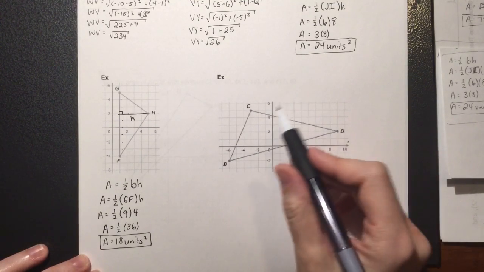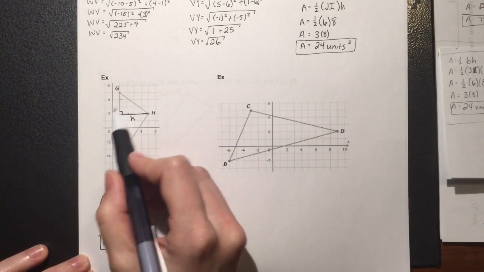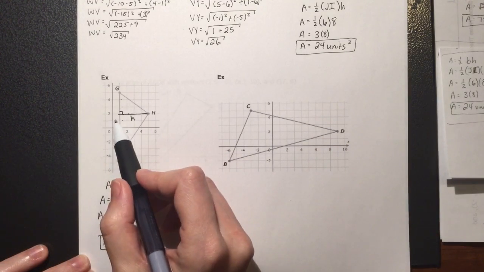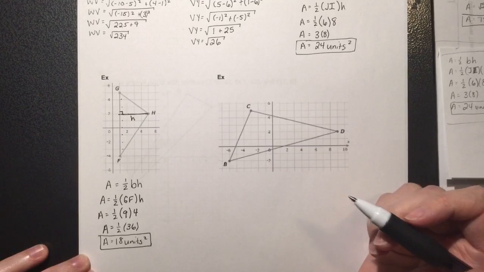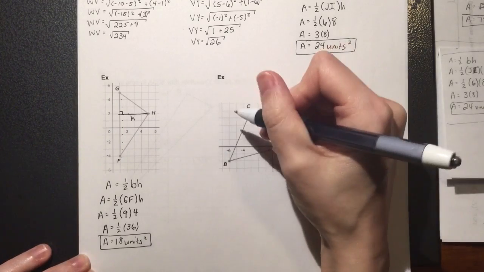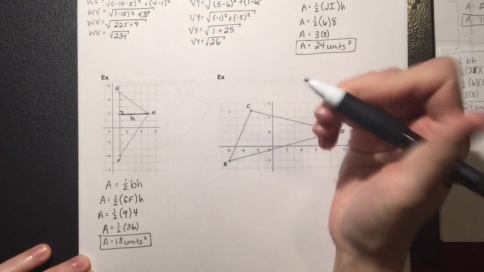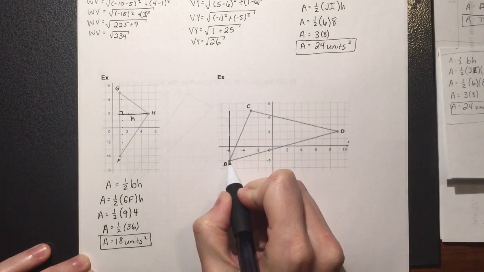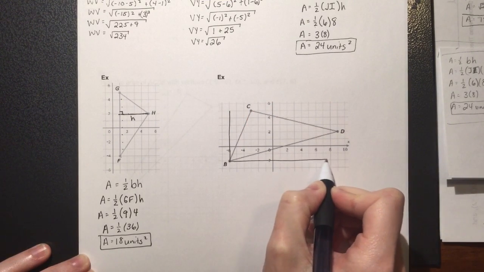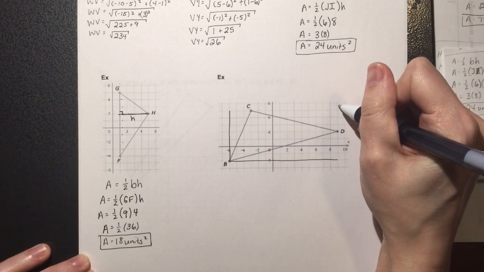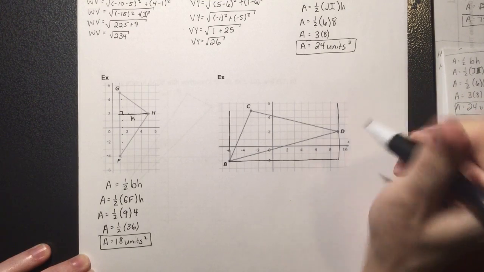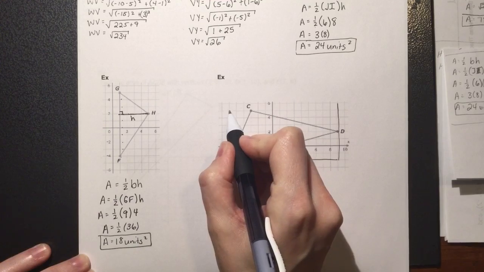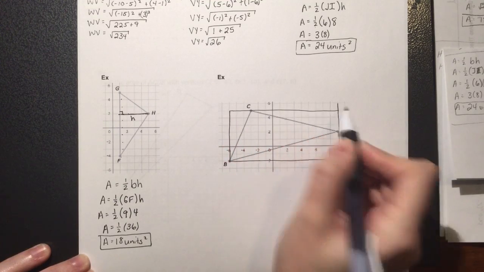So with triangles like this, where you can't find a nice, neat base and height with a 90-degree angle like we did for this one, there's lots of different ways to do it, but the easiest way that I've found is to create a box or a rectangle around your triangle so that it includes all of the points exactly on that rectangle.